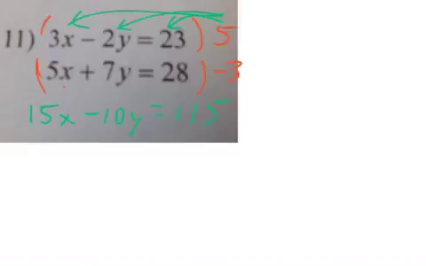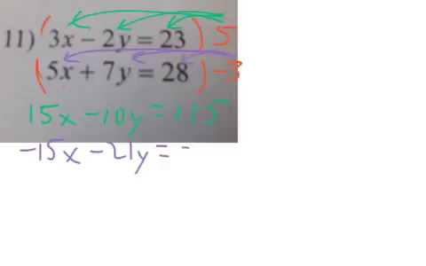Now I'm going to distribute my second equation with negative 3. Negative 3 times 5 is negative 15. That's negative 21y. And that right there is negative 84.